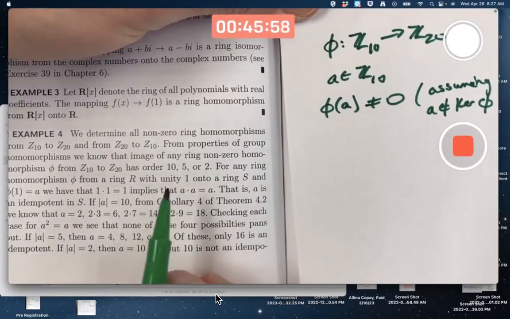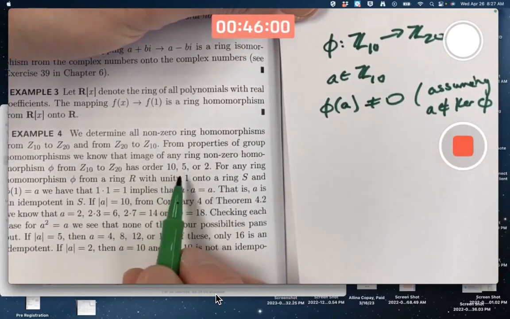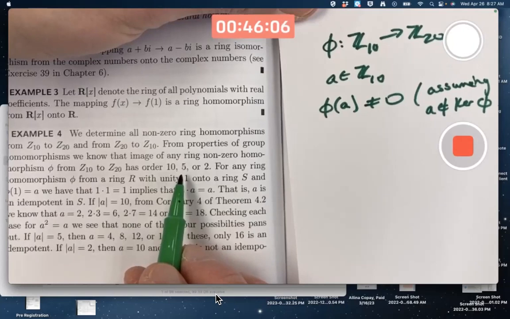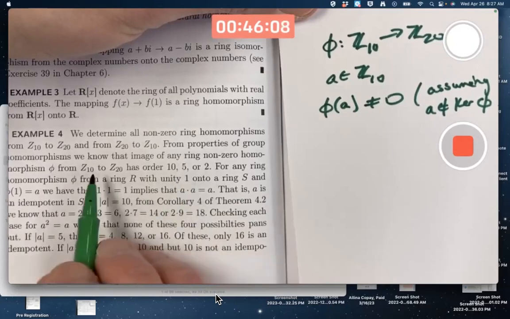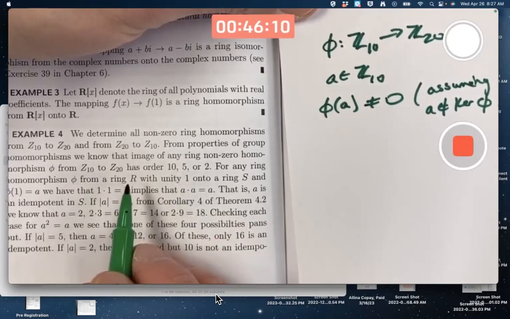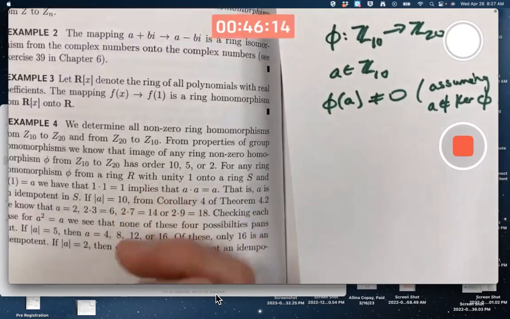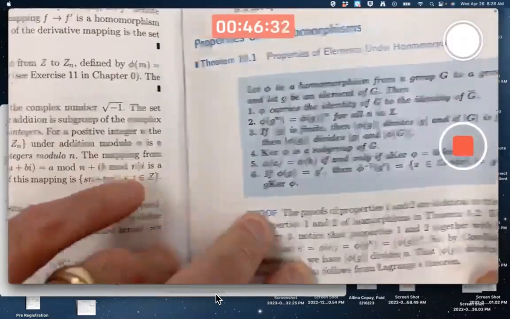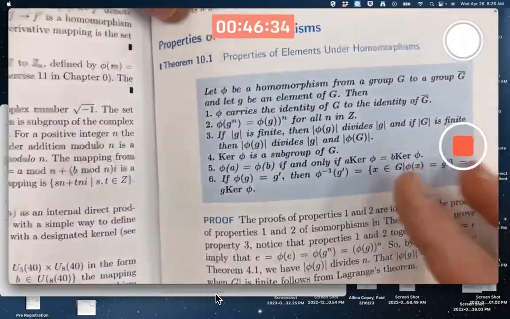What properties? What do you think is special about these numbers, 10, 5, and 2? They all divide both 10 and 20, don't they? Yeah, there was a property back in the group homomorphism chapter. Looks like number 3 is the key one here.